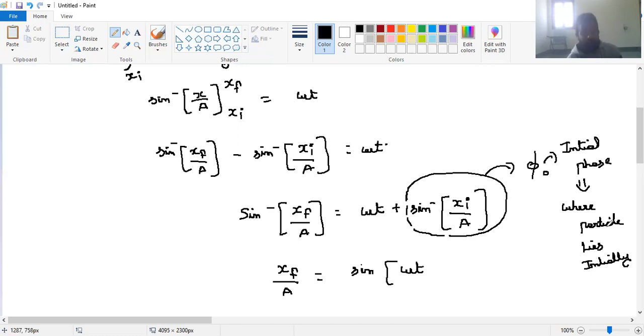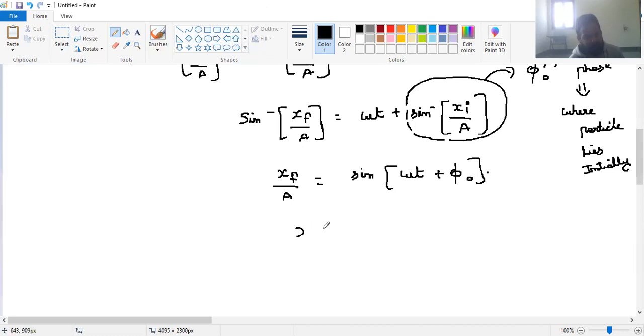Initially, what is the position of the particle? So plus phi naught. So x final, that is x, in general is a sine omega t plus phi naught. This is the equation of what? SHM.